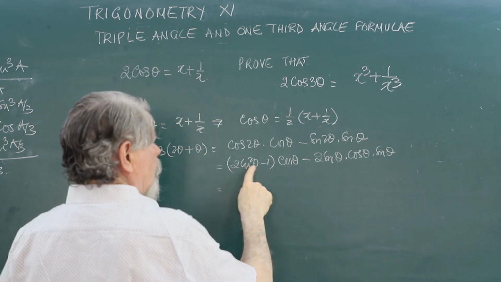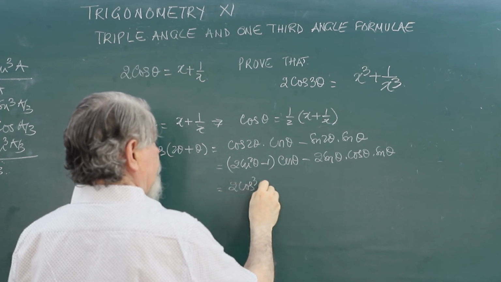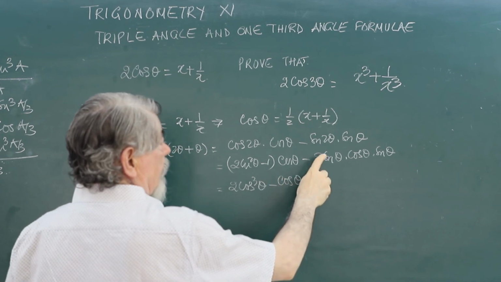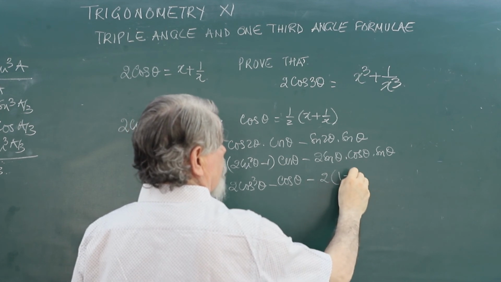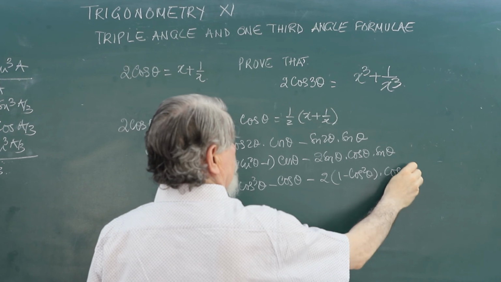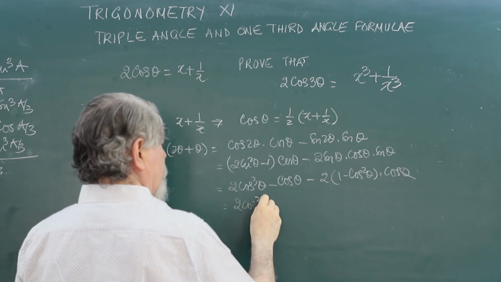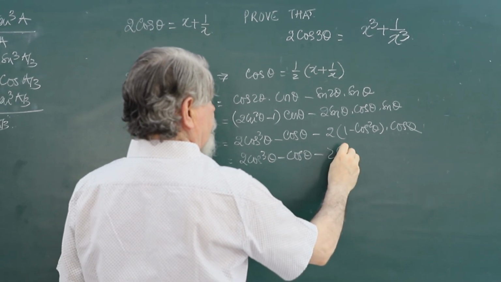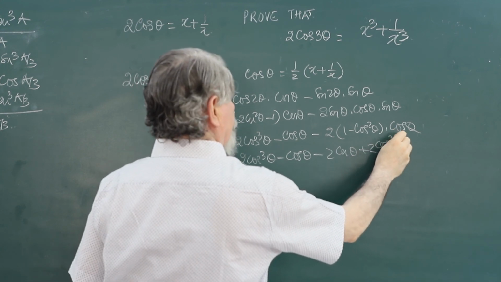It is 2 cos square theta into cos theta, which will be 2 cos cube theta minus cos theta. Sin square theta will be 1 minus cos square theta, into cos theta. Now we will get 2 cos cube theta minus cos theta minus 2 cos theta plus 2 cos cube theta.